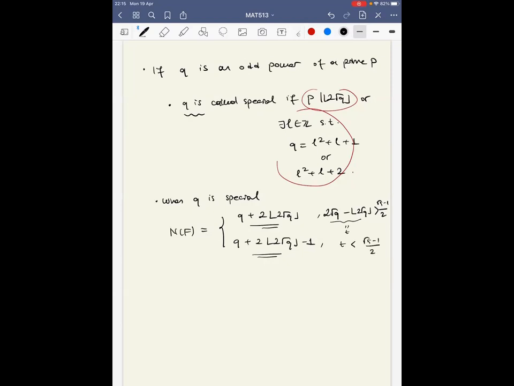So, as you can see, it's a bit ugly. And when q is not special, so when it doesn't satisfy one of these properties, then the number of rational places is computed as q plus 1 plus 2 times the floor of 2 times square root of q.